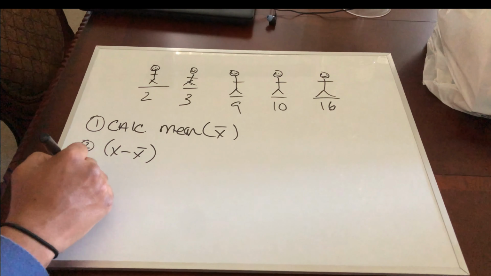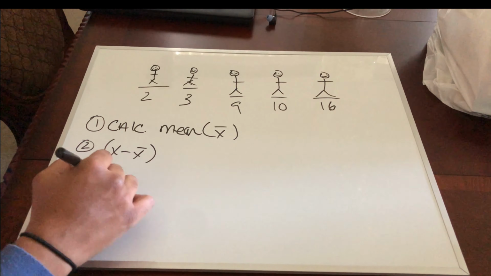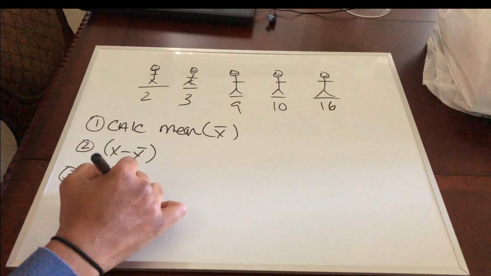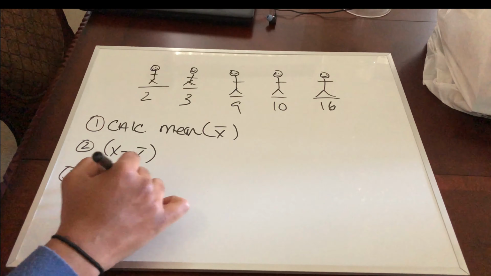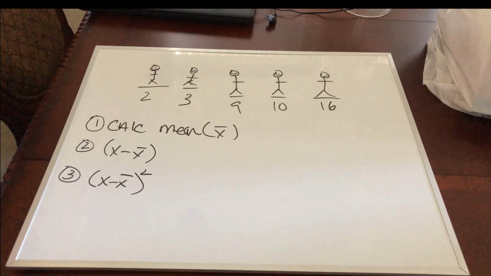The next thing you're going to do is square each difference. So you take whatever you get here, x minus x bar, and you square that. Then step 4, you divide by n, the number of data points that you have.